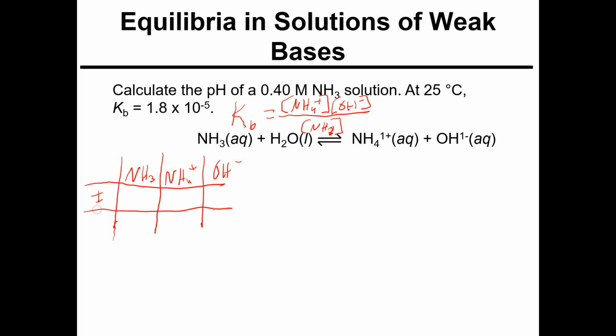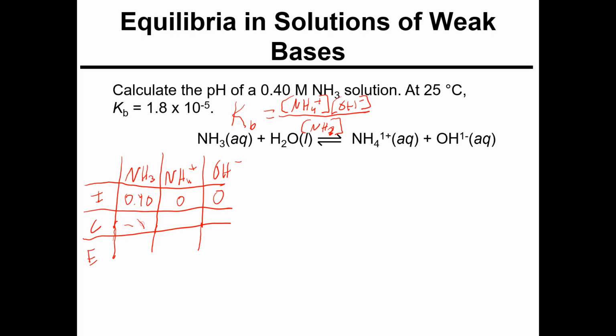So we have our initial concentration, our change in concentration, and our concentration at equilibrium. For NH3, we had a concentration of 0.40 to start with. And in the very beginning, we're not going to have any of the ammonium ion and the hydroxide ion.